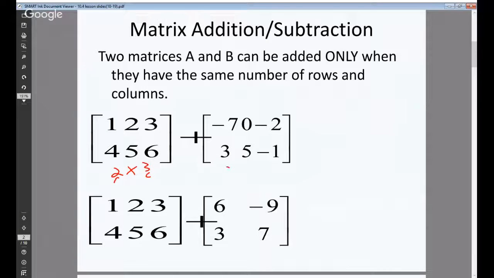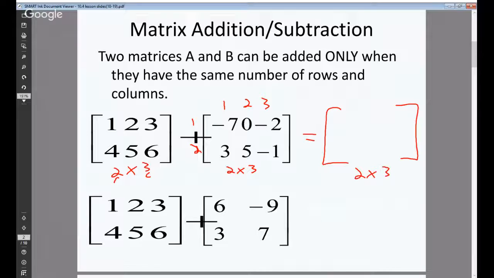The second matrix is the same thing. As long as these two matrices match, we can add or subtract them. And when you add them, your final answer will also be a 2 by 3 matrix.